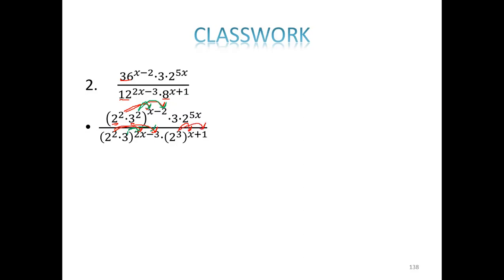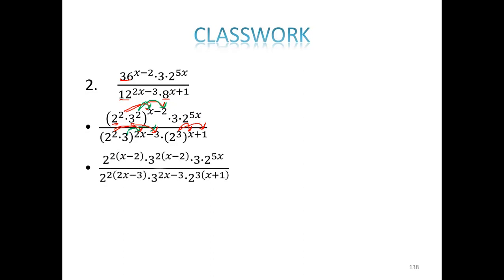All right, so basically this is what I have when I simplify them. Now, I have already explained. The exponent of this 2 here will be 2x minus 4. The exponent of this 3 here will be 2x minus 4. The exponent of this 2 here will be 4x minus 6. The exponent of this 2 over here will be 3x plus 3.